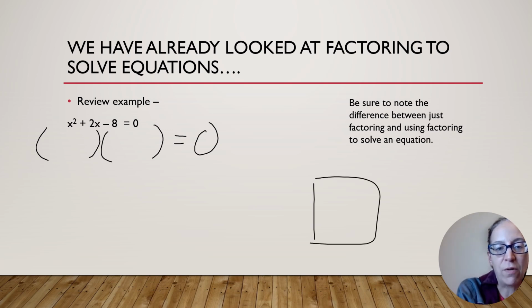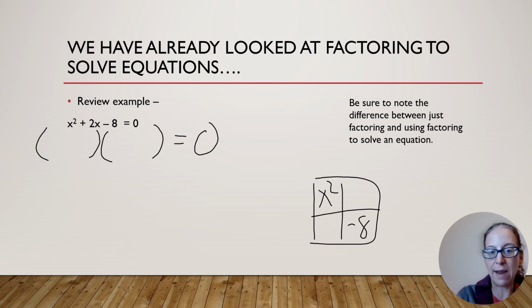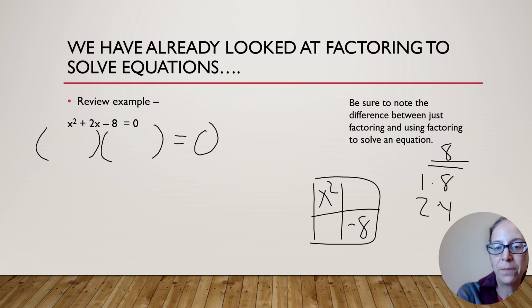I'll set up my area model over here. I've got x squared, I've got -8, and I am looking for two factors of -8 that add up to +2. 8 factors into 1 times 8 and 2 times 4, and I can get the 2 that way. I need a +2, so what I'm going to need is a -2x and a +4x.